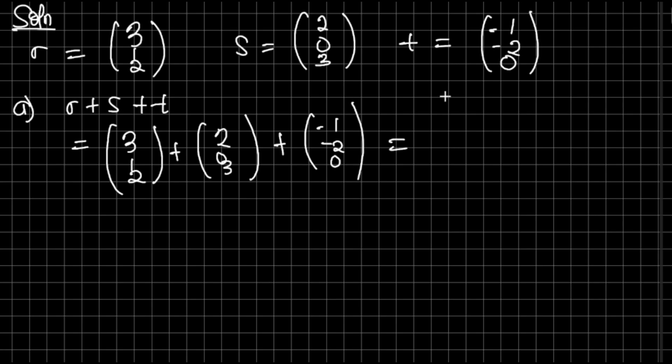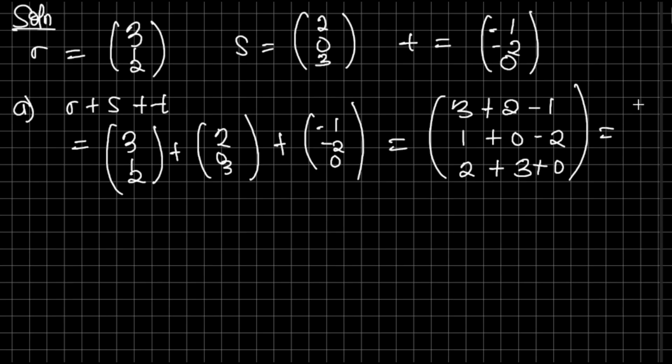That is basically going to be 3 plus 2 minus 1, 1 plus 0 minus 2, 2 plus 3 plus 0, and that is equal to (4, minus 1, 5). And that is what we have.